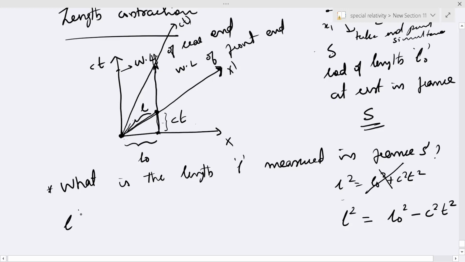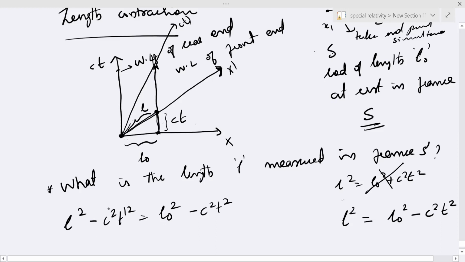So we can say that L square minus C square T prime square is equal to L0 square minus C square T square, because this combination is invariant. This is what we have been discussing so far. Whether the minus sign is here or there, it's the same thing. Both are invariant.